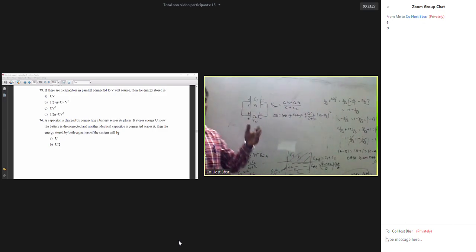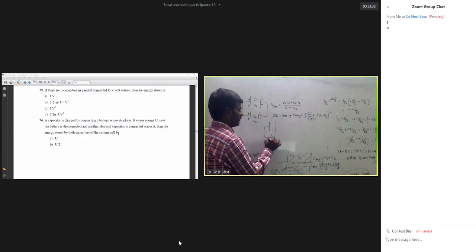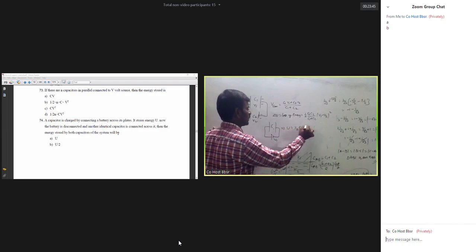Related to that, but they ask you the energy of the system. First one is connected to the battery with a potential V1, so U equal to half C into V1 square.